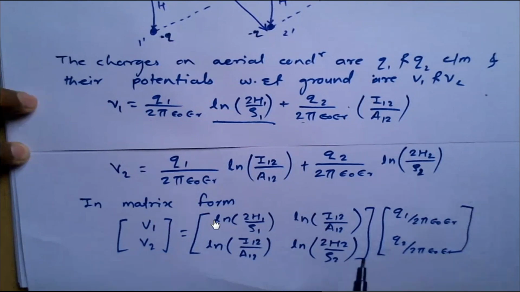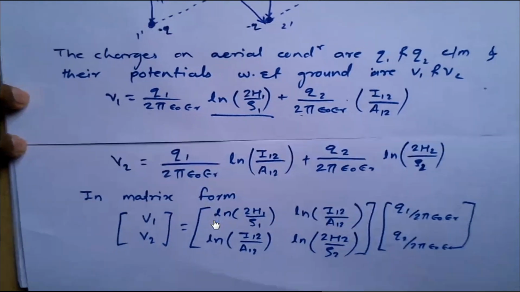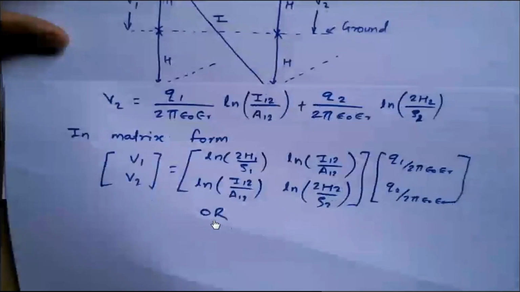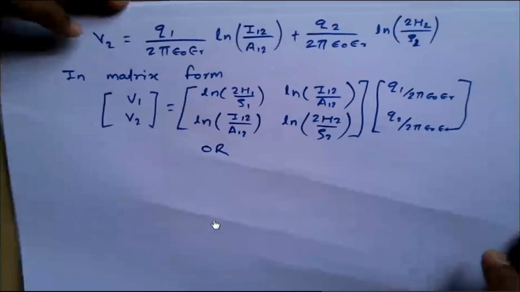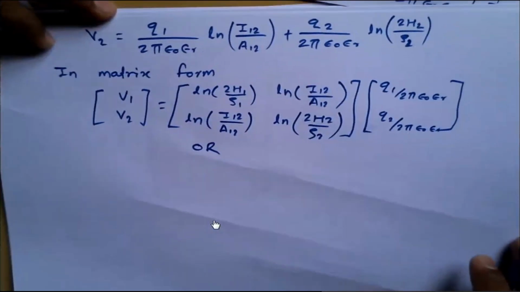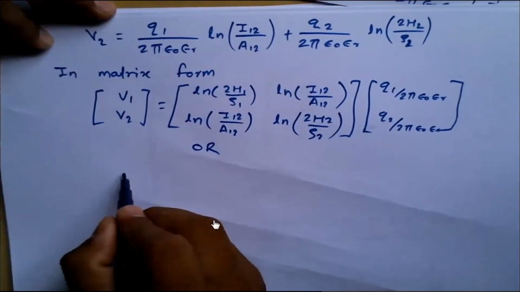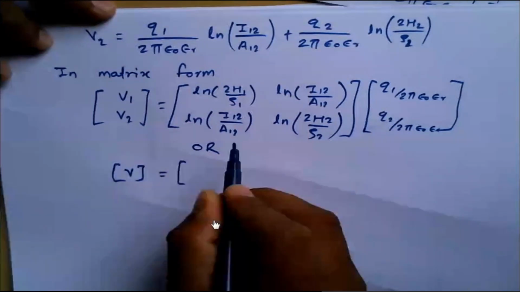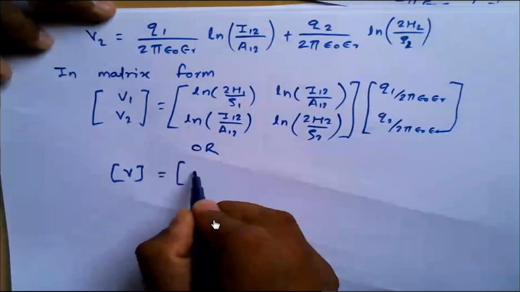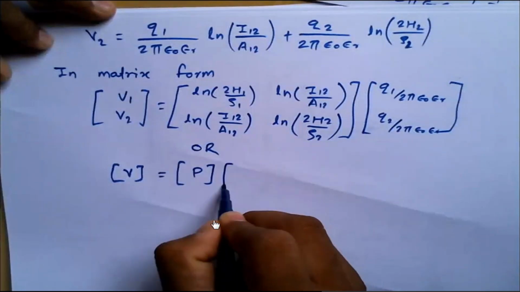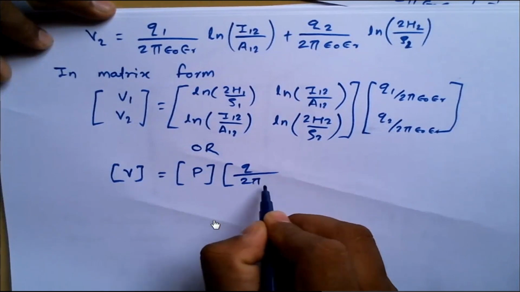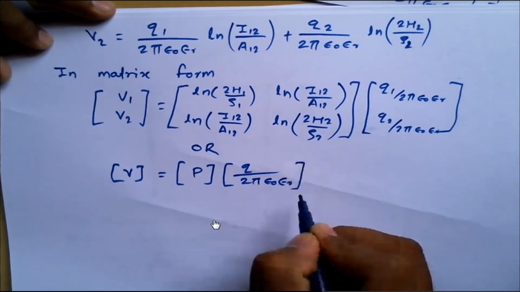So this is the representation in matrix form, or this can also be written as, instead of V1 V2 I can write down V, it is equal to, this is nothing but the Maxwell matrix, right? So this is P and this is charge, so Q upon 2 pi epsilon 0 epsilon r.